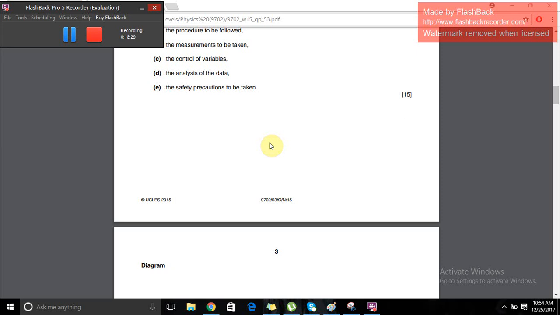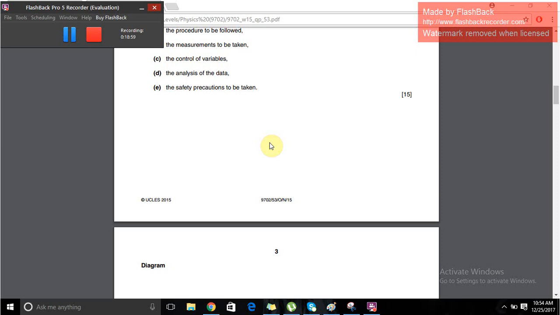So now the measurements to be taken would obviously be voltage from the voltmeter, value of current in amperes from the ammeter, value of time corresponding to a particular temperature rise from the stopwatch, value of m for the metal blocks from an electronic balance, and analysis of the data.